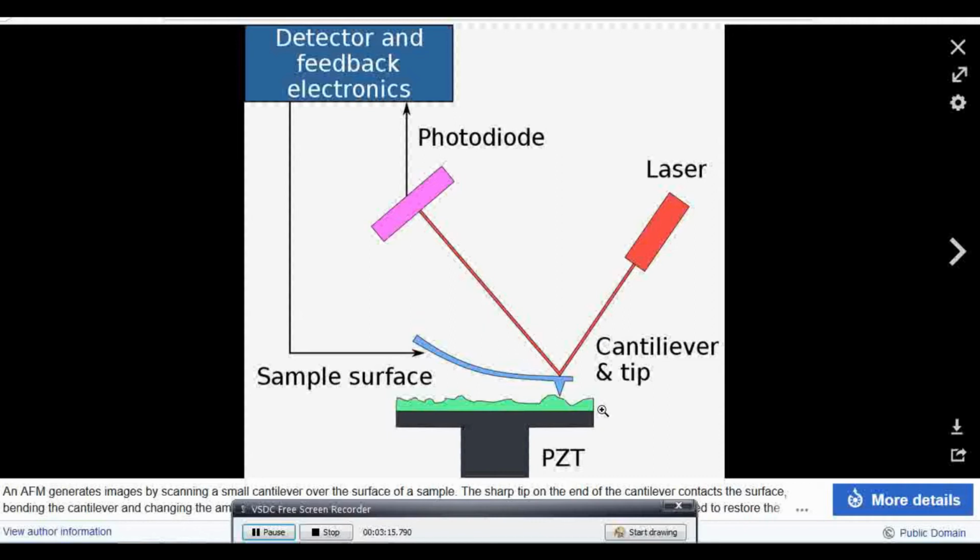Whenever there is some sort of close contact between the sample and the cantilever tip, this will be sent as a feedback to the system, so that the cantilever will be adjusted automatically, so that it will not ruin the samples. That means the samples will be safe. But that is in the advanced mode of AFM. So the one that we are looking at now is the basic AFM system.